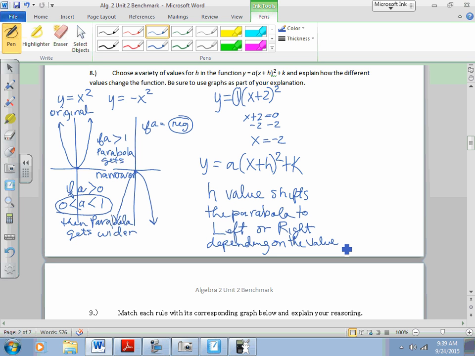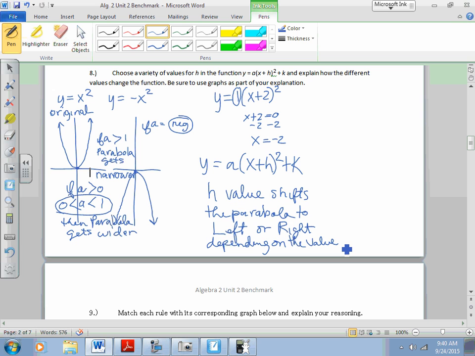So if this would have said x minus 3, which direction would it shift? To the right, how far? 3 units. So whatever the original is, move it to the right 3 units. If the a value is 1, the parabola didn't shrink or get wider. Just shift it to the right 3 units. Does that make sense?